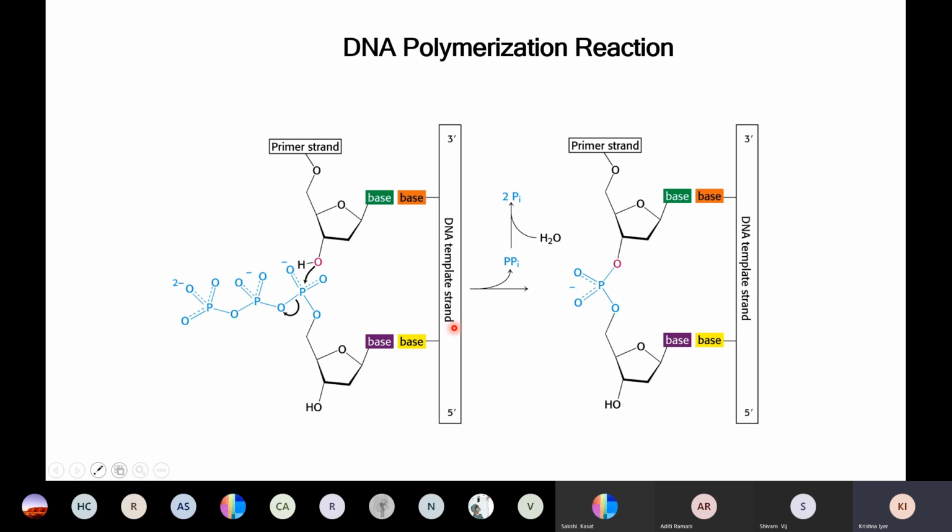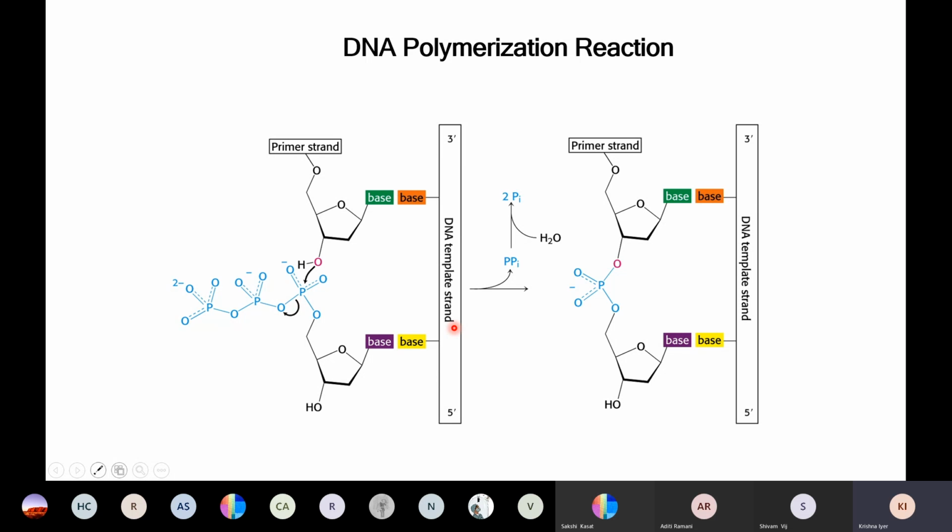Okay. Now, very interestingly, when people were trying to find out and isolate and study the polymerase which is doing this job, this enzyme which does this is called DNA polymerase.